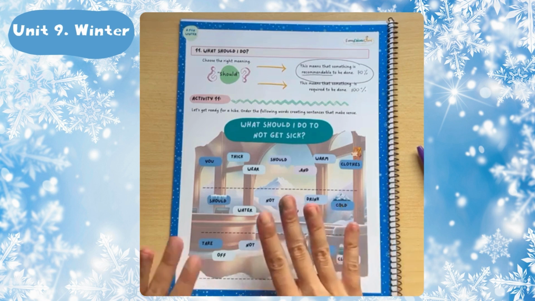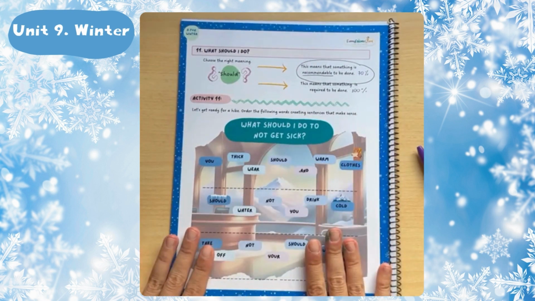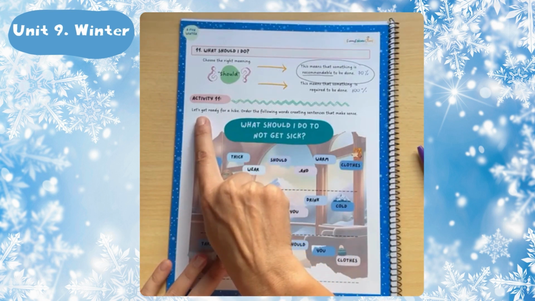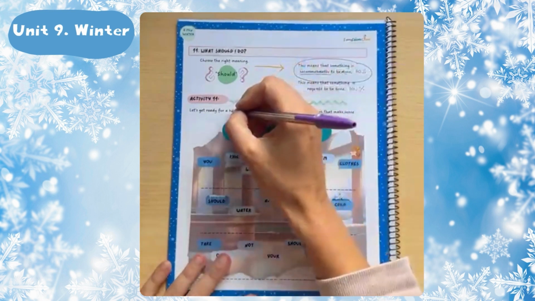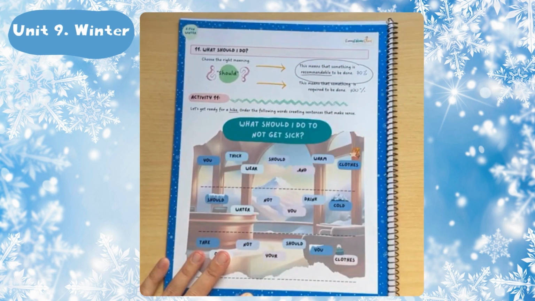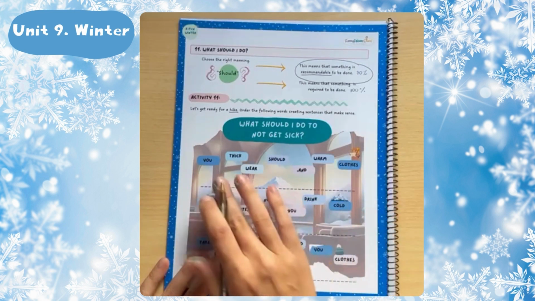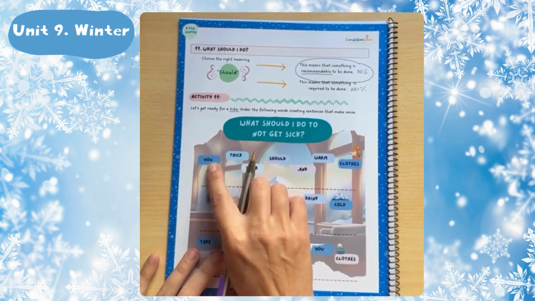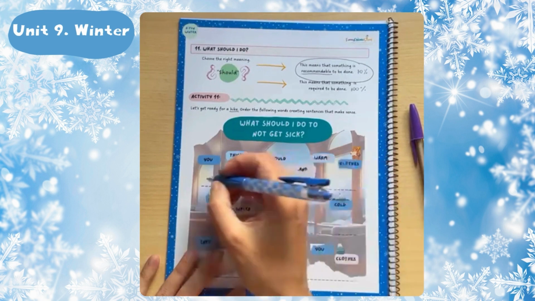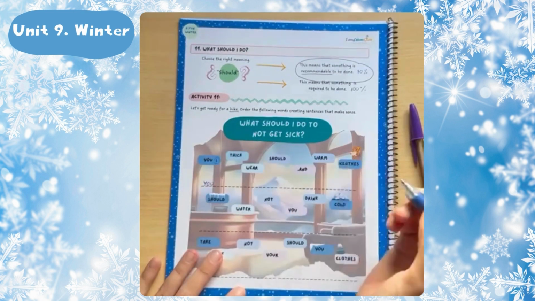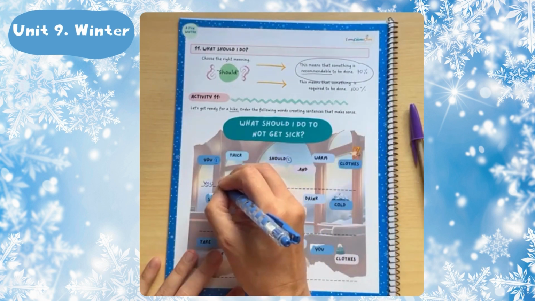Great? And now, seeing these beautiful words here, we have the following question asking us, let's get ready for a hike. Yes, a hike. Order the following words creating sentences that make sense. What should I do to not get sick? Okay, so here we have the first words. Let's start with you, which is the personal pronoun. You, that is the number 1. You should, that is the number 2.